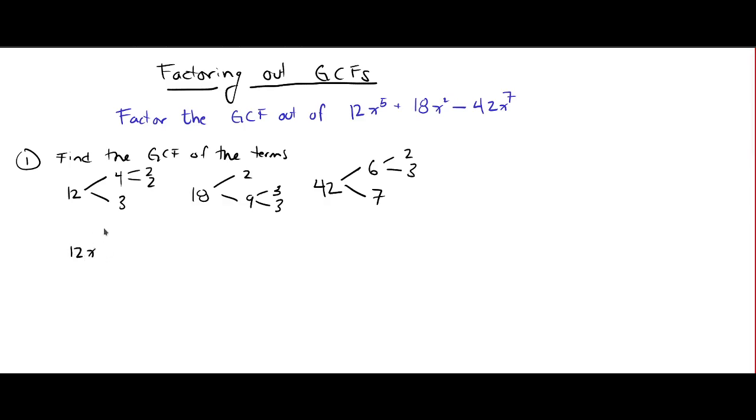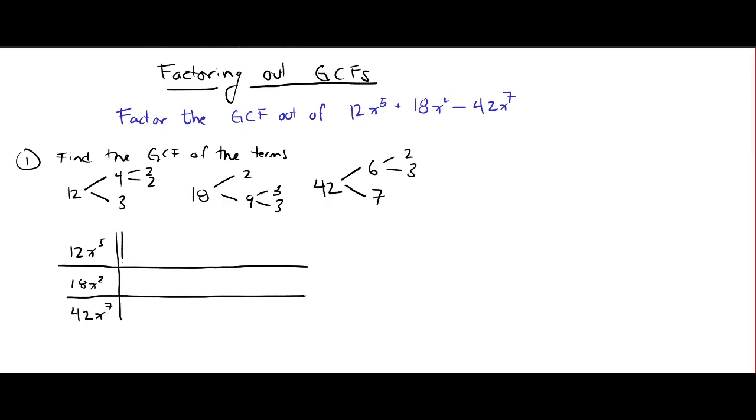All right, so let's make a table and list all the factors here. So 12x to the fifth, 18x squared, and 42x to the seventh. So 12, that was 2 times 2 times 3. I'm going to skip a column because I know I got 2 3s coming here, and another column because I know I got a 7 coming up.